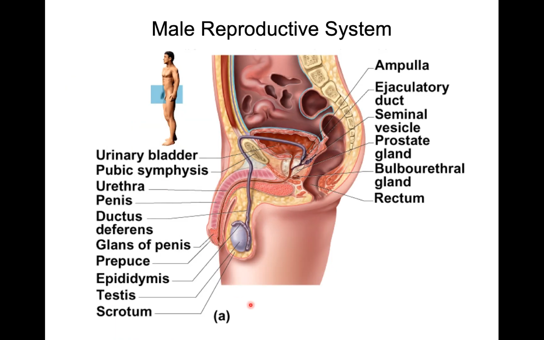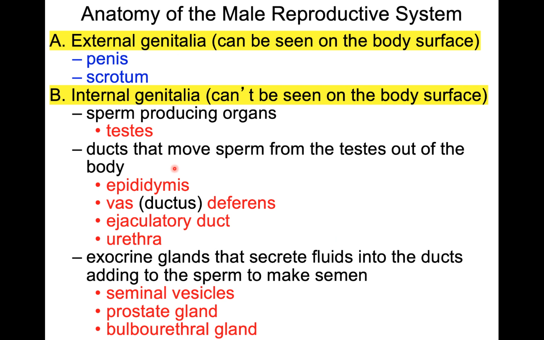So if I go back a slide, you can see the scrotum externally, but you do not see the testes. Now, internally as well, you have that epididymis, the vas deferens, ejaculatory duct, and urethra. These are all written in order of where the sperm travels from. So from the testes, the sperm goes to the epididymis, then to the vas deferens, ejaculatory duct, and out the urethra.